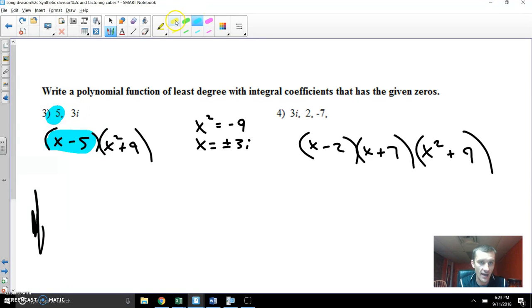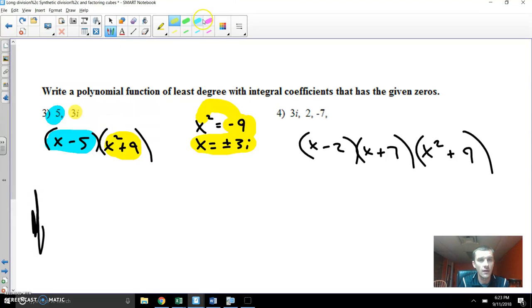If 3i was a 0, then that meant when you were solving, you got something like this at the end. Going backward, the way that you got 3 is that you ended up square rooting a negative, and that number had to have been 9. Well, let's add 9 back over the other side so that we get equal 0, and so this is what that factor would have looked like for you to get a negative or a positive 3i answer.